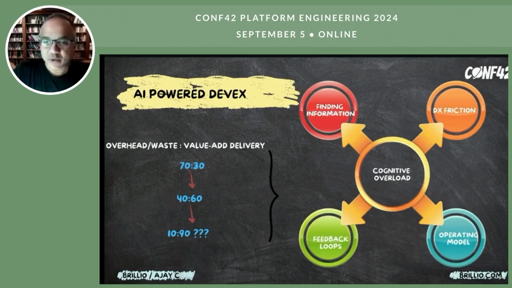The rest of the time is overhead, something that is duplicative work, something that they can avoid. But by applying some platform engineering principles, what the data shows us is that it can improve significantly. Your value add can increase significantly from 30% to 60%. This is significant, right? But is that enough? Probably not, right? Our goal is to increase that as much as possible.